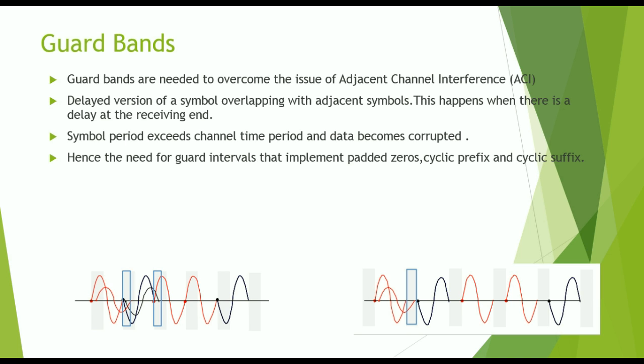By extending the symbol period, data becomes corrupted as the data overlaps. Hence, there is a need for guard intervals that implement padded zeros, that is, zeros are padded at the end of every symbol, or the cyclic prefix or the cyclic suffix method. One of these three methods is used as guard bands.